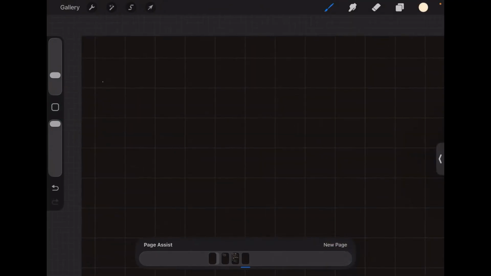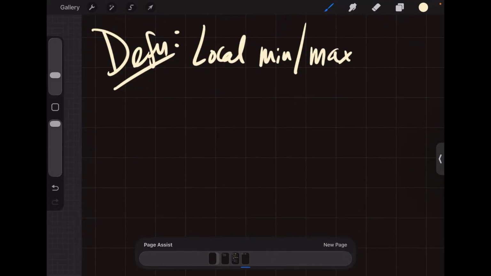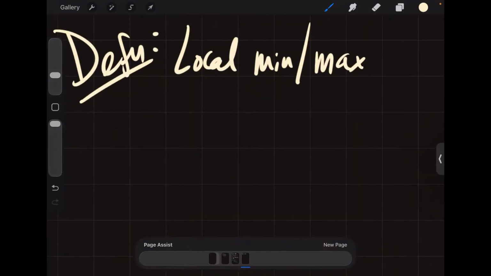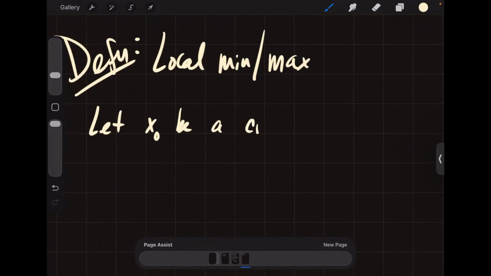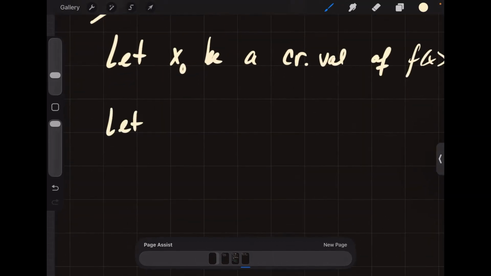Because you'll have this next definition, local min or max. Again, we go back to this original definition. Let x naught be a critical value of f of x. Let epsilon be some value greater than 0, just a number.